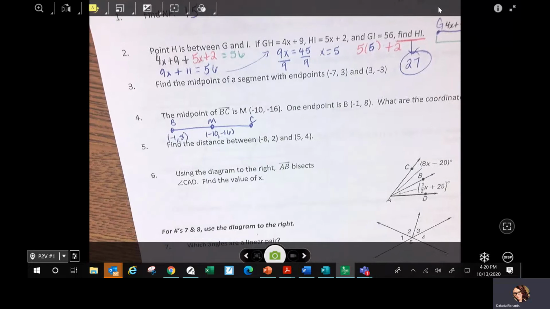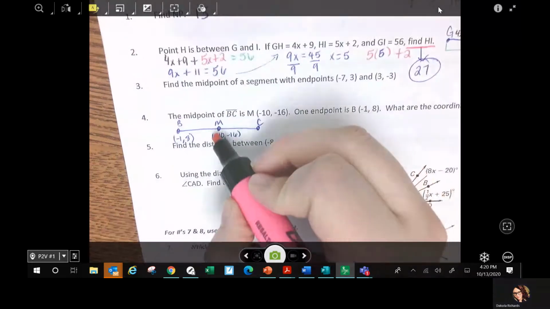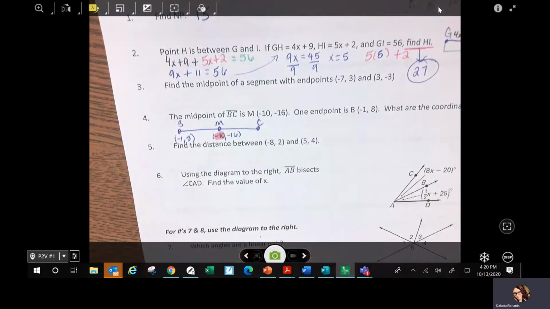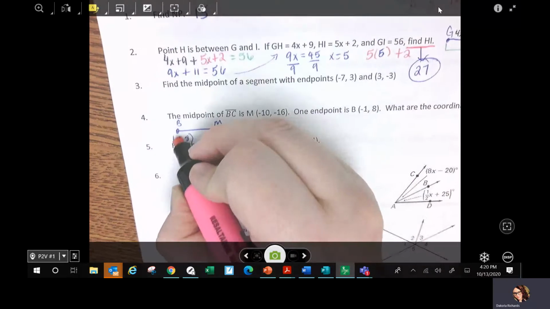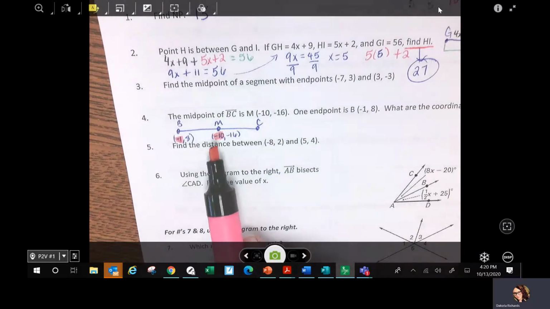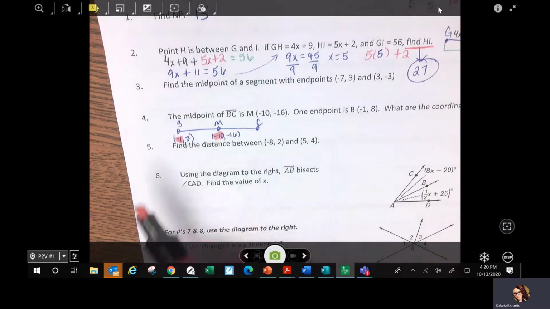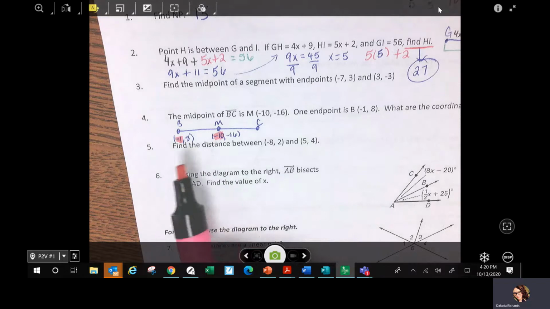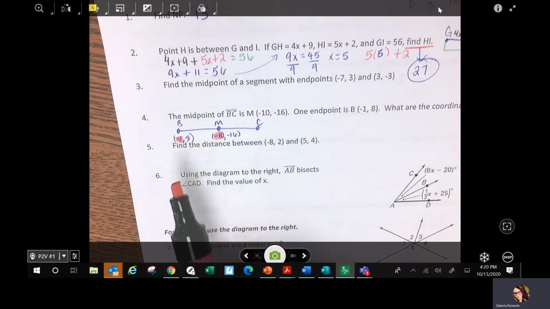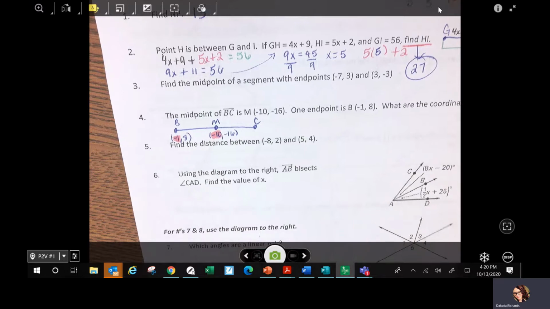All right, so if we look at these numbers, if I look at -10, that's my x value here, and I'll look at -1. How did you get from -10 to -1? You added 9. I know this is not going to necessarily line up with a number line, so don't think about that.